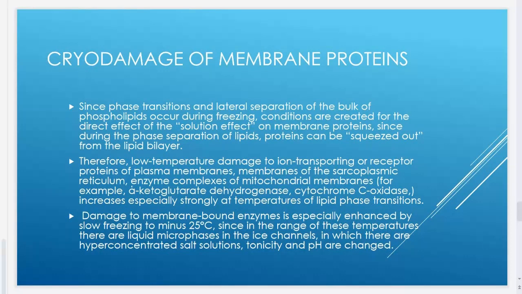The main membrane-bound enzymes are especially affected by slow freezing to minus 25 degrees Celsius, since in this temperature range there are liquid microphases in the ice channels in which there is a hyperconcentrated salt solution, and tonicity and pH are changing.